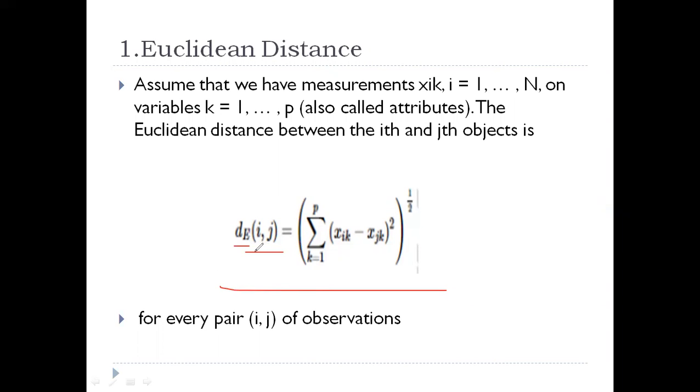Here we are going to find the distance between i and j. Suppose this is one cluster, the ith cluster, its name is i. This is another cluster, and this cluster's name is j, right?